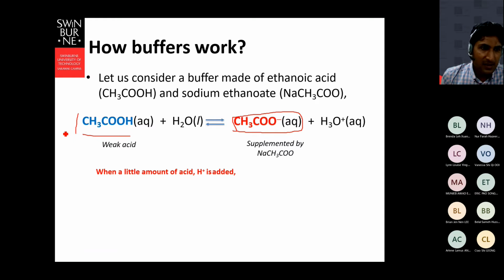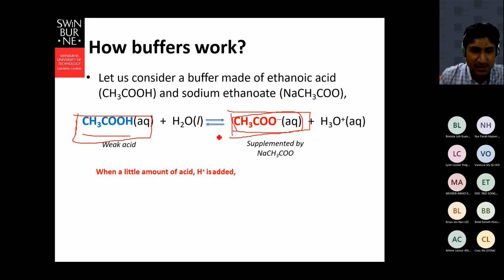So if we have in the solution acetic acid and a salt that is made from this conjugate base, salt means the metal is added, all right? Let's say sodium acetate or potassium acetate or barium acetate or something like that. Lithium acetate can also be used. So sodium or potassium acetate are in the solution, in a beaker, let's say.